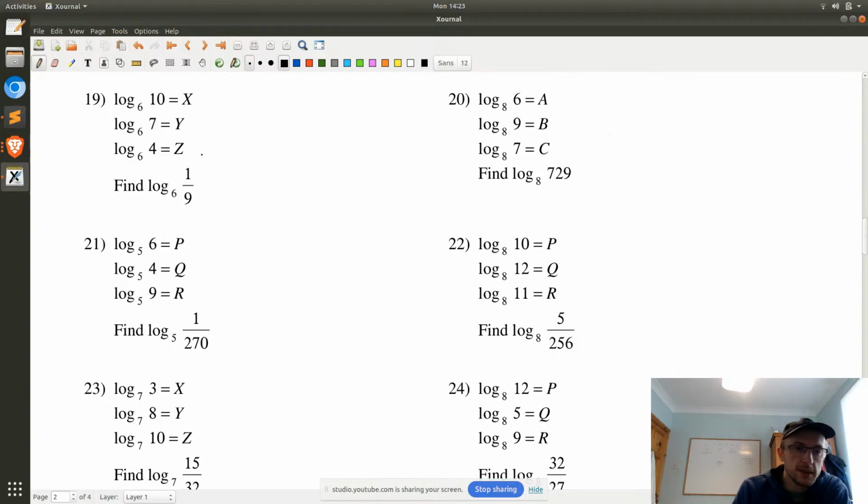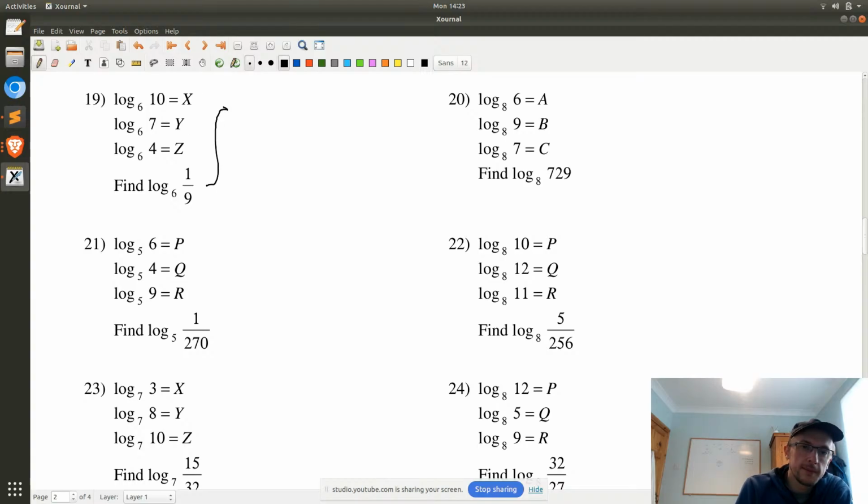All right, log base 6 of 1/9. Well, use 4.